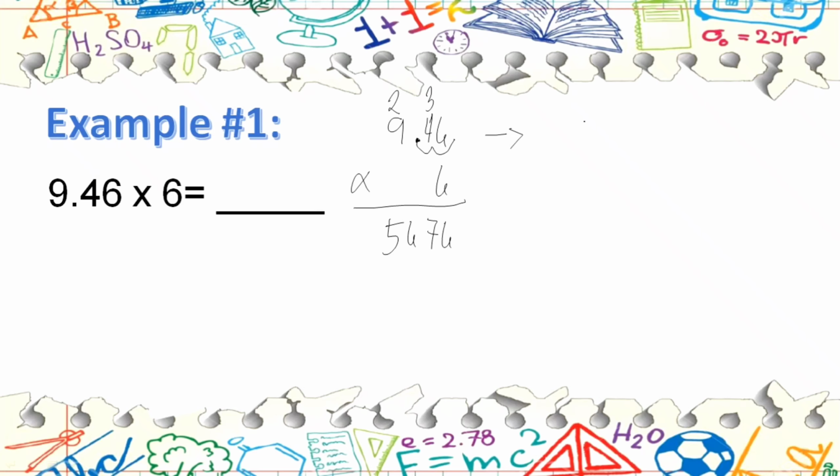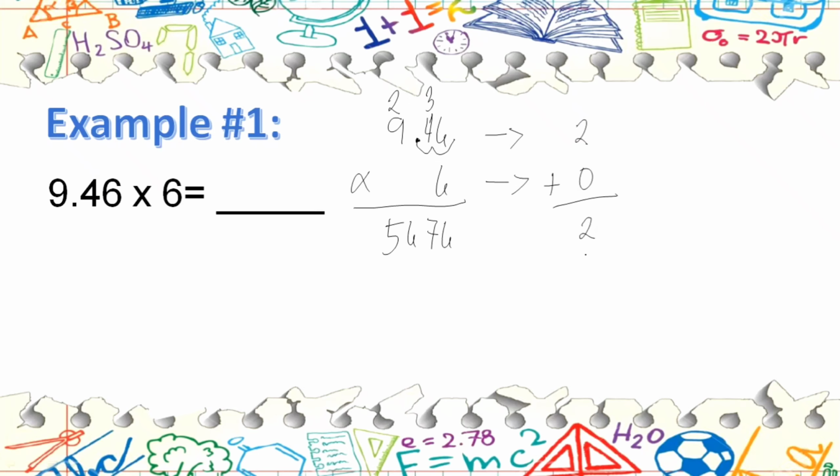So, meron tayong 2 decimal places. Next, dito sa 6, yung ating second given, wala tayong decimal point. Ibig sabihin, wala din tayong decimal places. So that is counted as 0. Next, i-add muna natin yung decimal places ng first and second given natin. So that is 2 plus 0, that is 2.